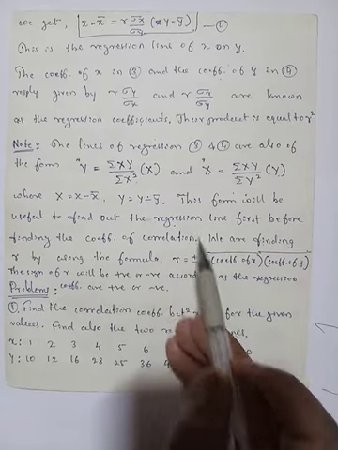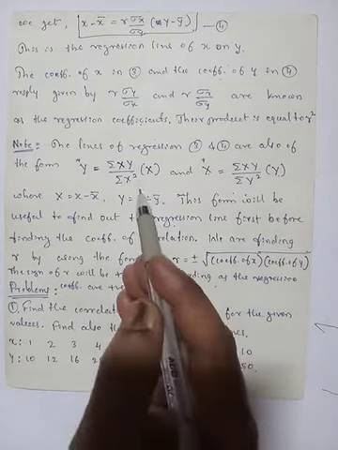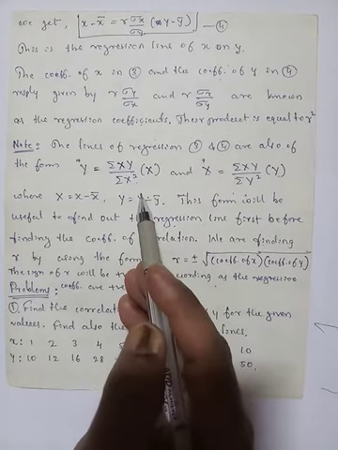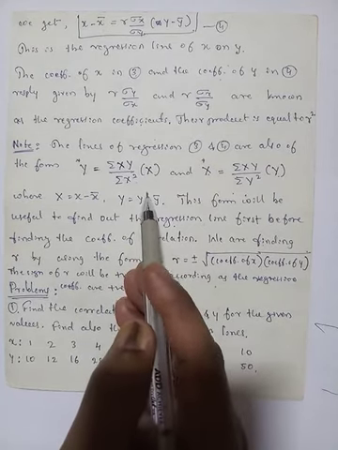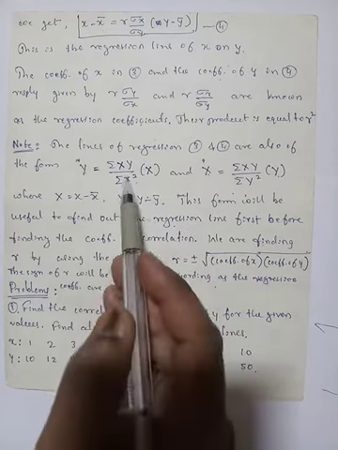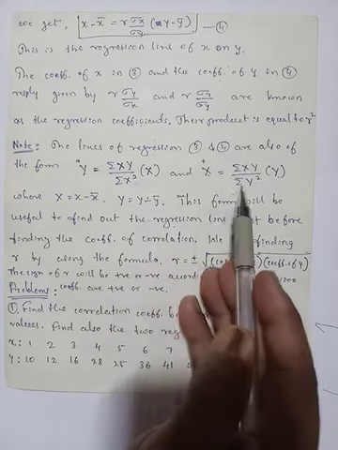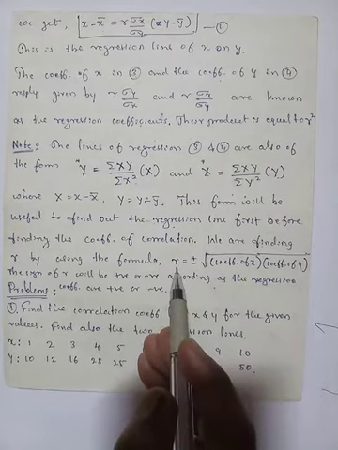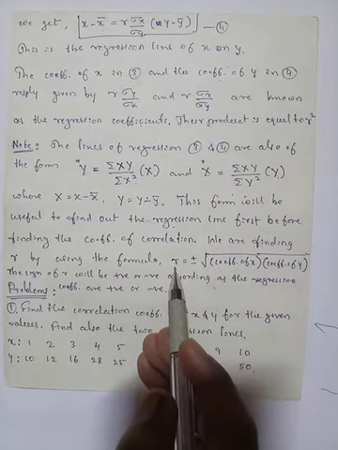So if the two questions are in the same problem, first we find the regression lines with the help of these forms. Then it is very easy to find the value of R, with no need to take any summations again.